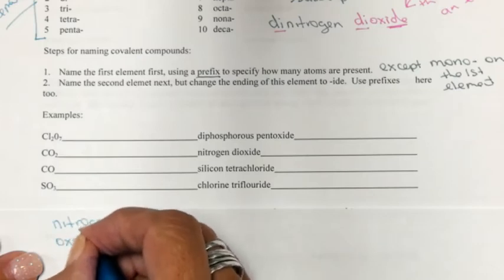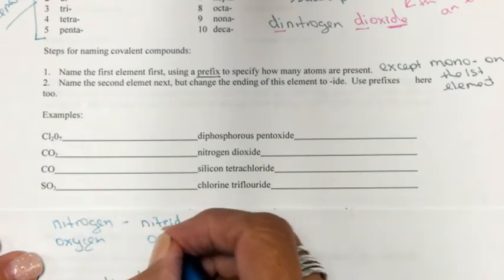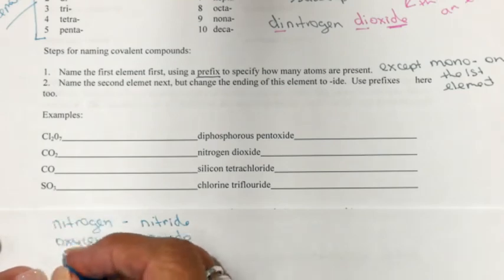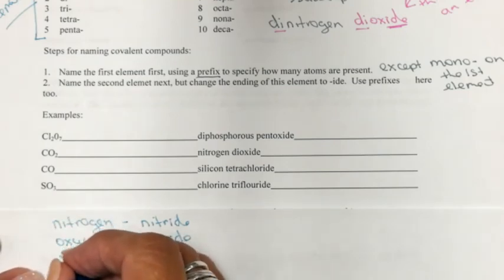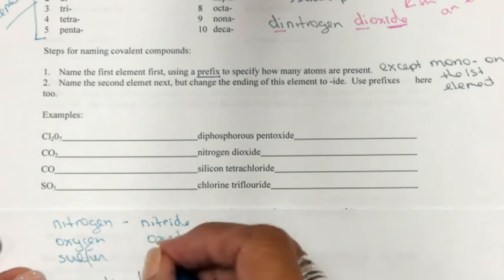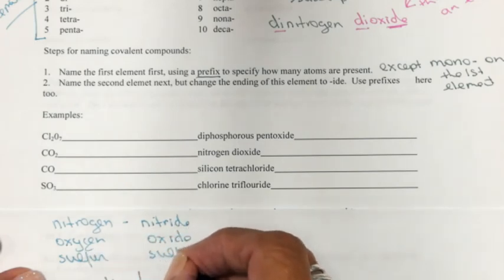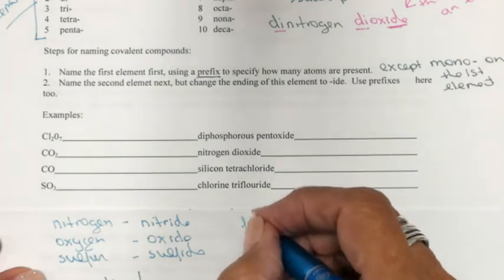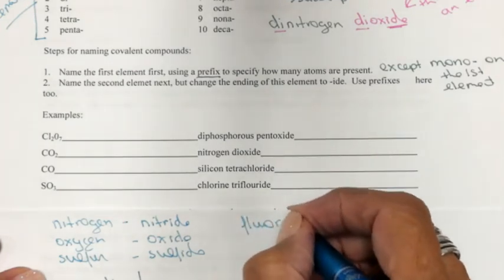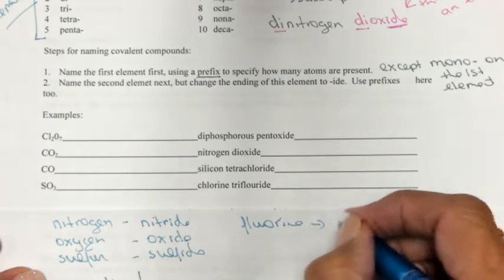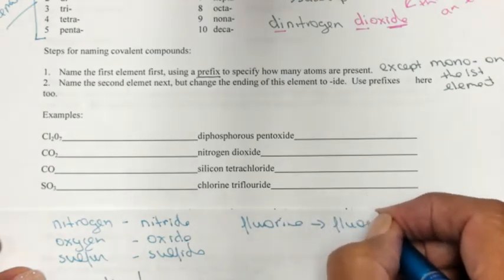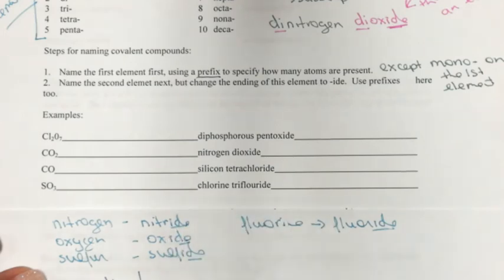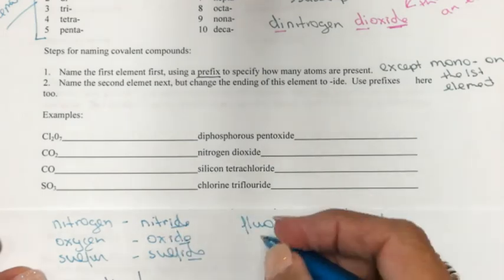Oxygen changes to oxide. Sulfur changes to sulfide. Fluorine changes to fluoride. This "ide" is the second position, the second element in the compound.